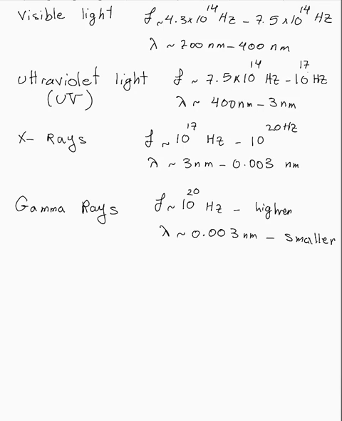And finally, we have the electromagnetic waves with frequencies above 10 to the power of 20 hertz, and we generally refer to these electromagnetic waves as gamma rays. Gamma rays I can even represent by this symbol here.